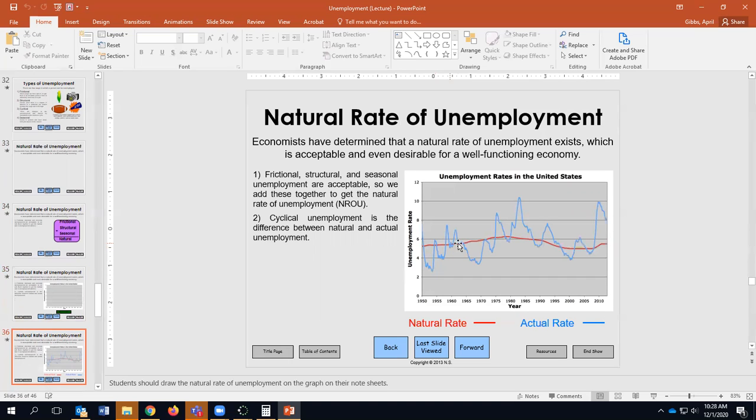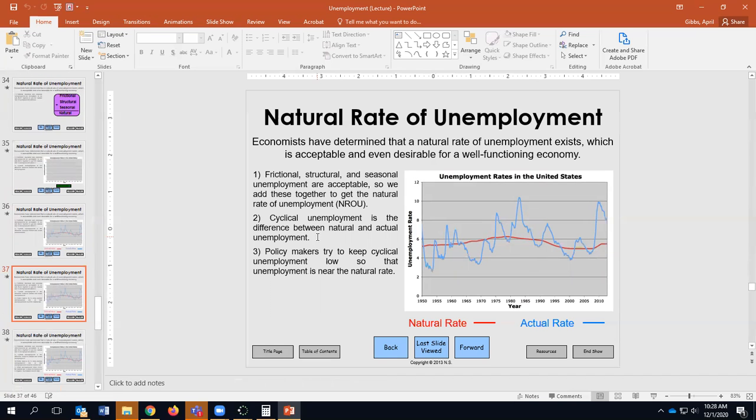So here's your natural rate. Your natural rate is adding frictional, structural, and seasonal. And then the cyclical, the actual rate, you can see it fluctuates. So you take these numbers on the actual rate on the blue line and subtract them from the natural rate for the same year, and you get your cyclical unemployment.